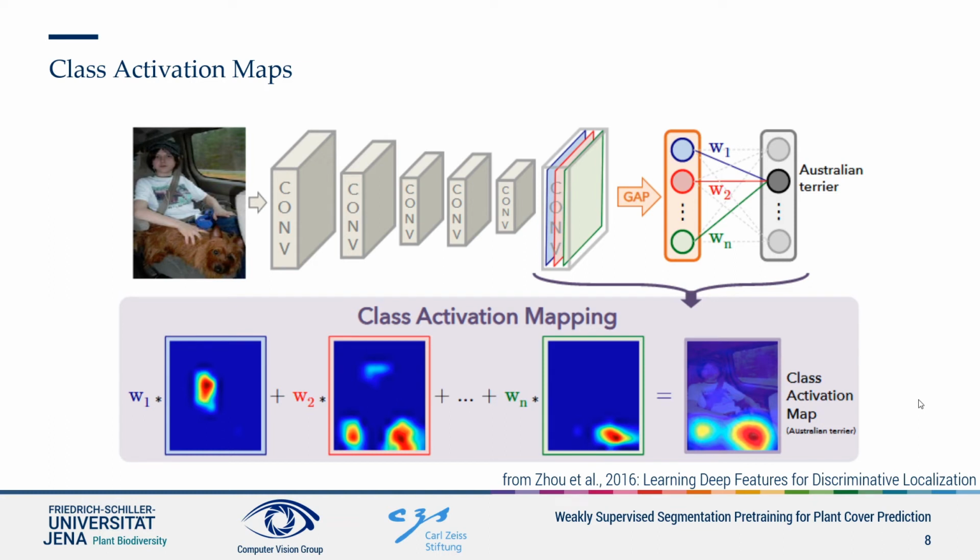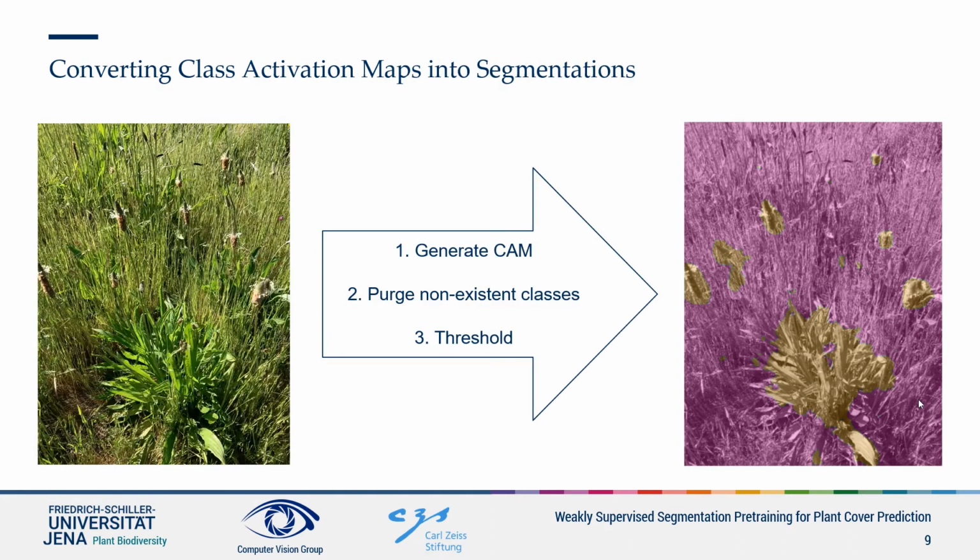With this method, we can also convert the classifications into segmentations in the following way. We first have a trained classification network and let it generate a class activation map as the first step. Of course, for all the images in the training set, we also have the class information.